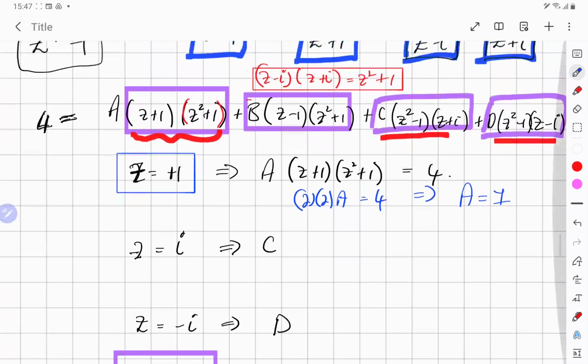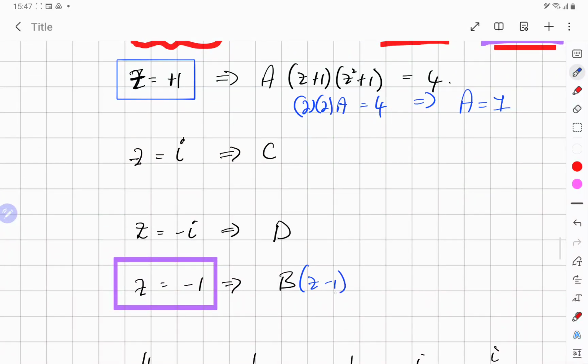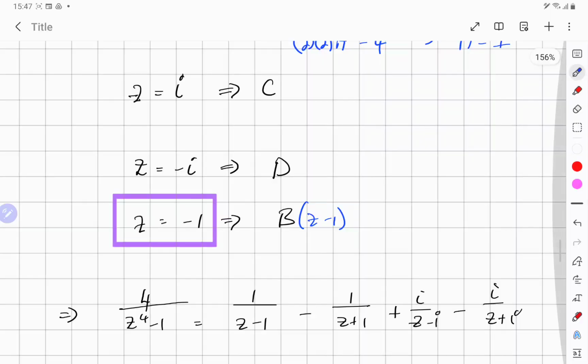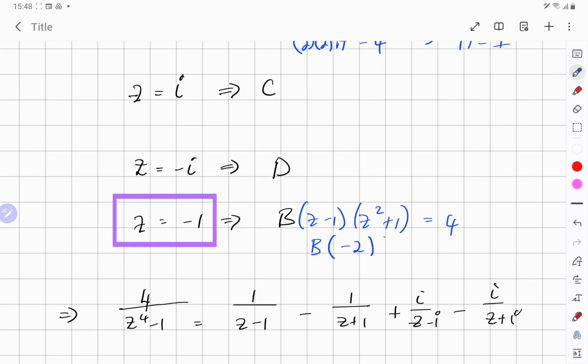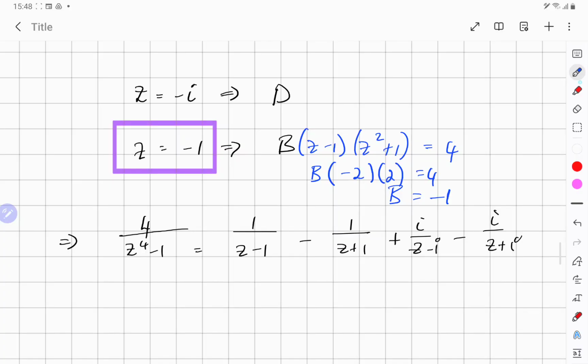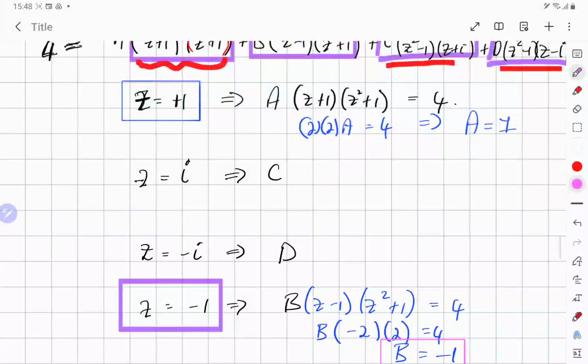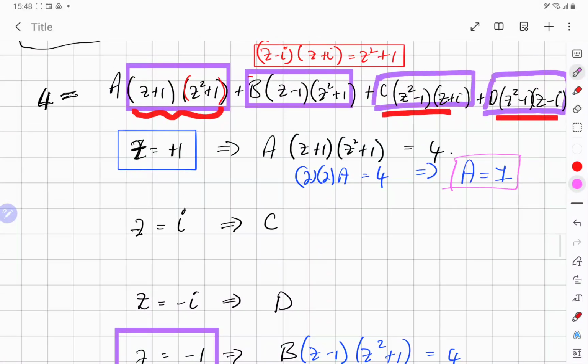So I only have my b, z minus 1, z squared plus 1 left equal 4. So just note, if I substitute z equals negative 1 in here, the factor will not disappear. I will get negative 2 times 2 is 4. So I will get b is negative 1. So what do I have so far? I have b is negative 1 and I have a is 1.